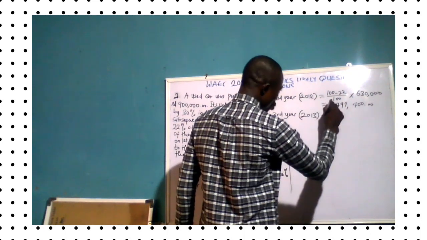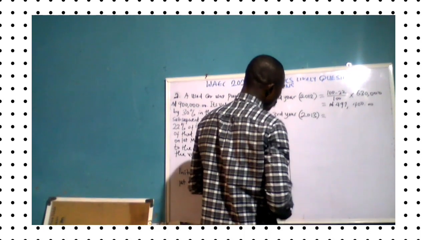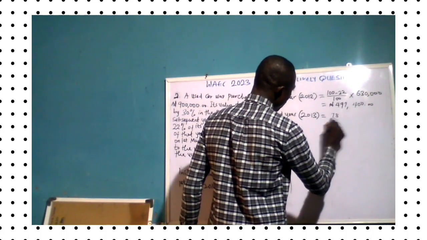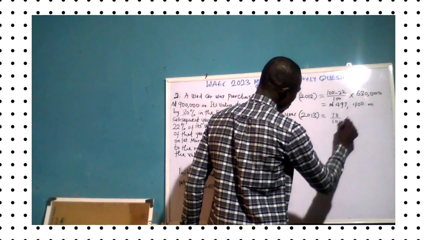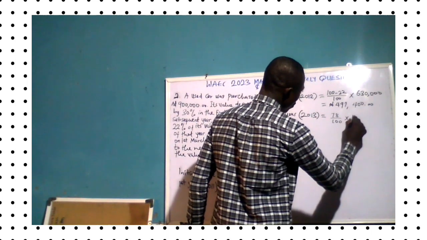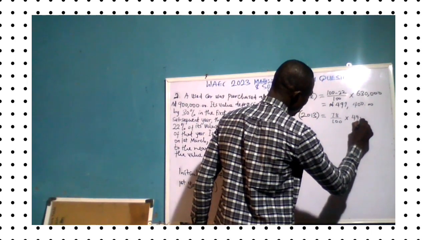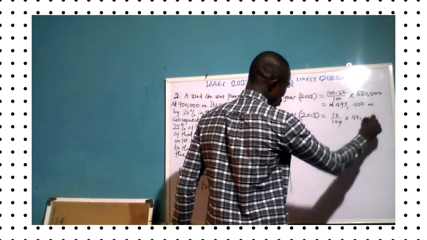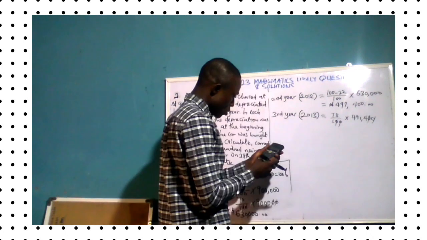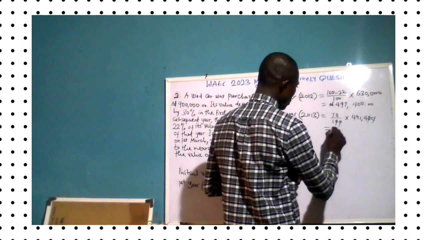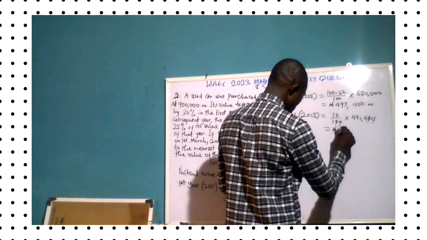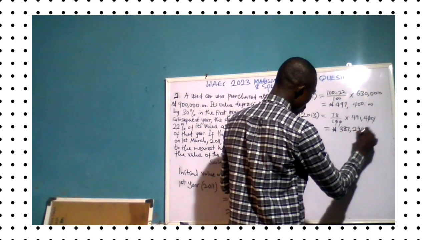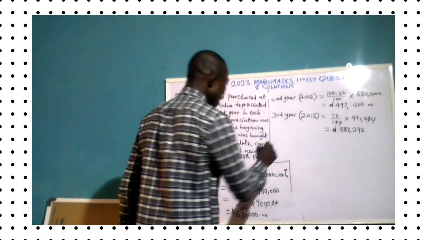So that will be 100 minus 22, of course 78 over 100, multiplied by 491,400. So 0 cancel 0, 0 cancel 0. That gives you 383,292 naira.